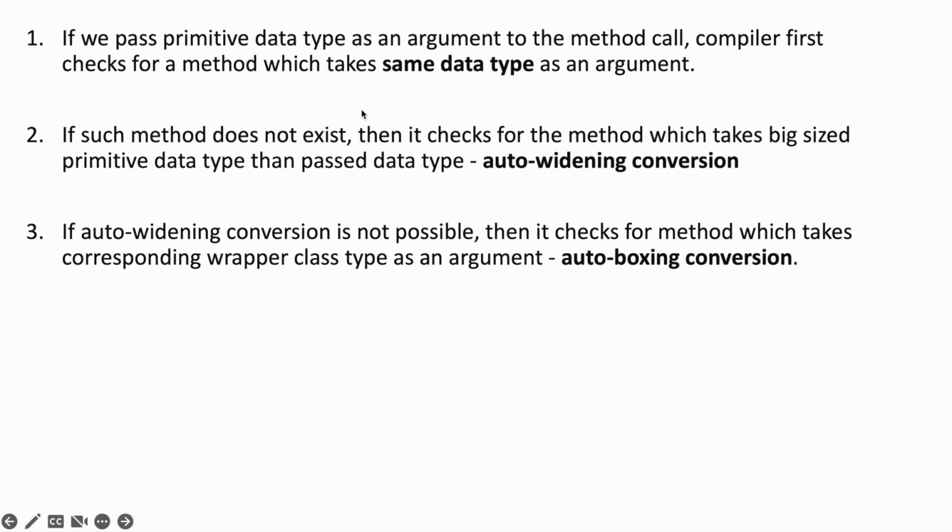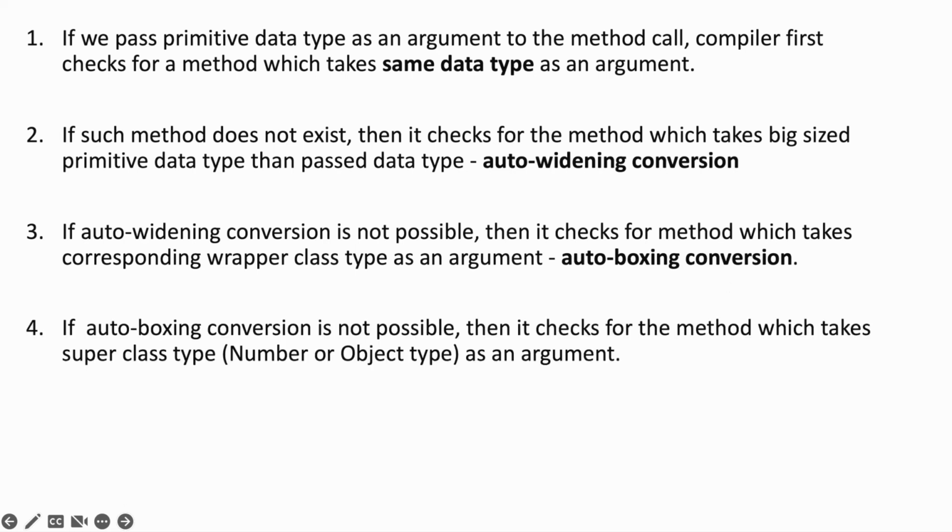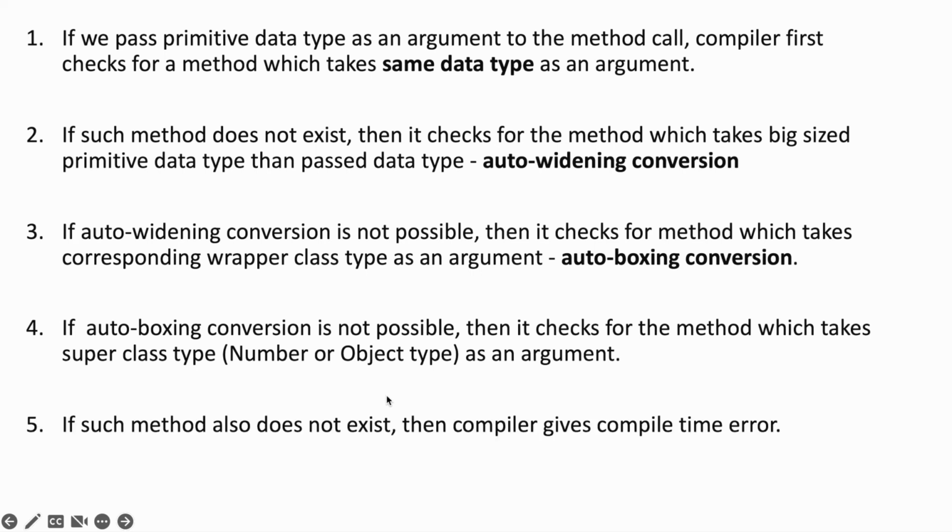If that bigger size is also not there, that means auto-widening conversion is not possible. Then it checks for a method which takes the corresponding wrapper class type as an argument. In this case it is doing an autoboxing conversion. If this autoboxing conversion is also not possible, then it checks for a method which takes the superclass type as an argument. If it is there, then that method will be executed. If that is also not possible, then the compiler will give a compile time error.